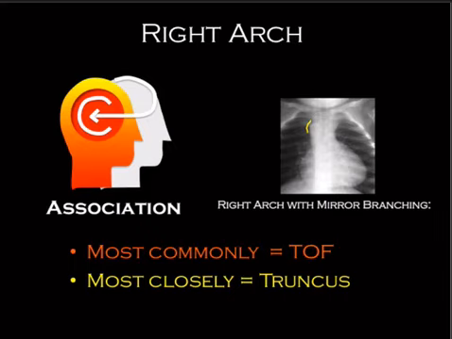Only 6% of the time you're going to be dealing with truncus. If the person has truncus, they are more likely to have a right arch, like 30% of the time, as opposed to tetralogy, which is 25% of the time.